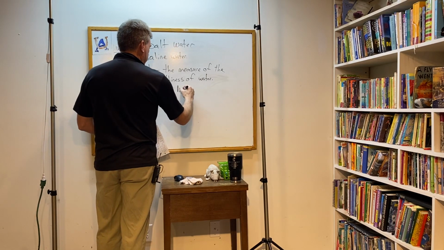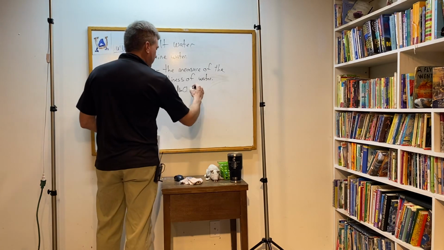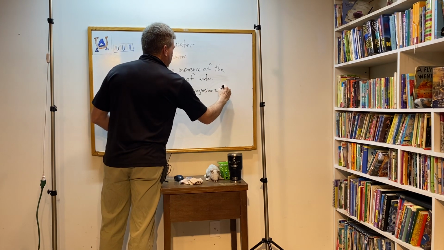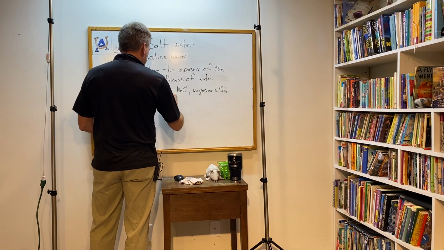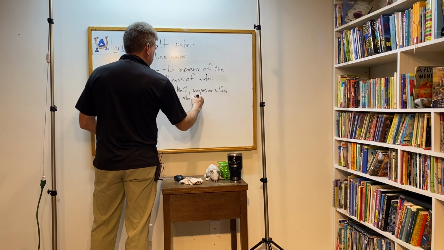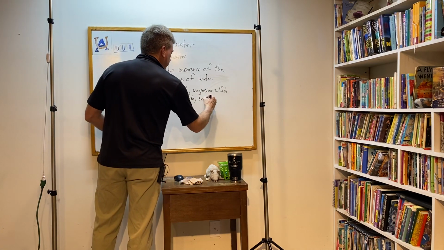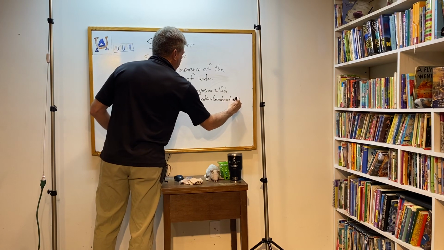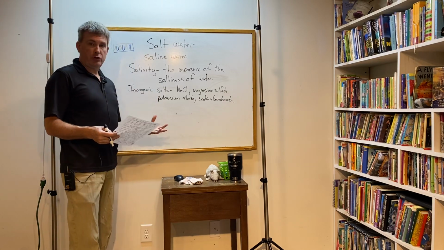So NaCl, sodium chloride, which is what we're familiar with, and others such as magnesium sulfate, potassium nitrate, and sodium bicarbonate. Those are all different types of inorganic salts that we end up finding in naturally occurring seawater.